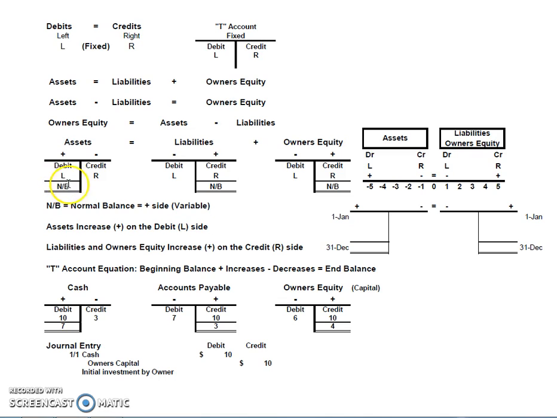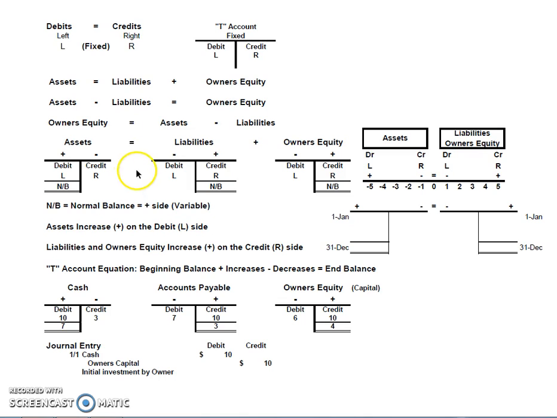So it has a normal balance on the debit side, and that is the plus side. Notice liabilities and owner's equity are on the right side or credit side. Their normal balance is a credit. So assets increase on the debit, the left side. Liabilities and owner's equity increase on the credit side, and they have a credit balance.